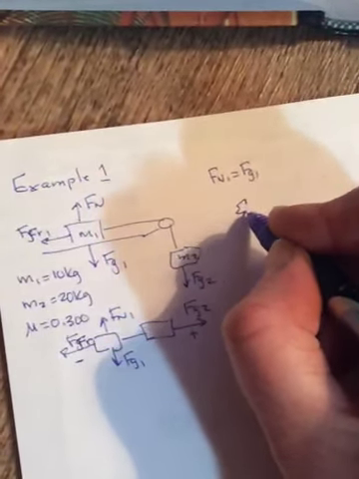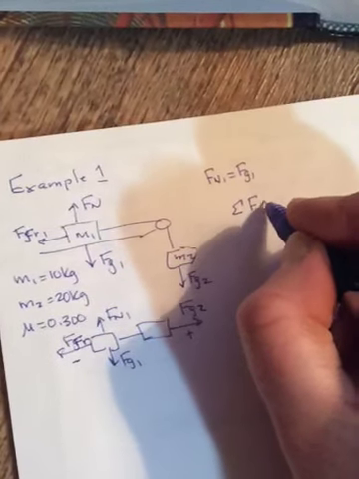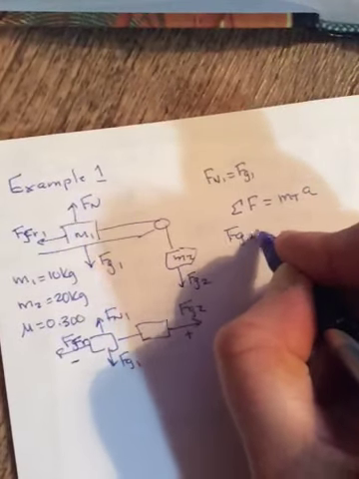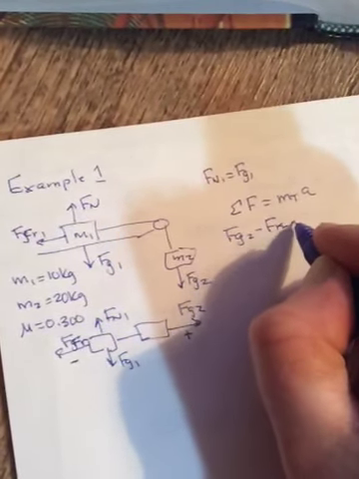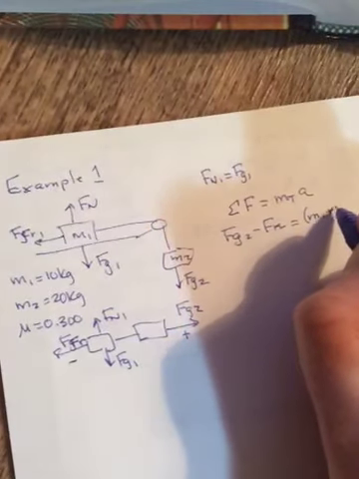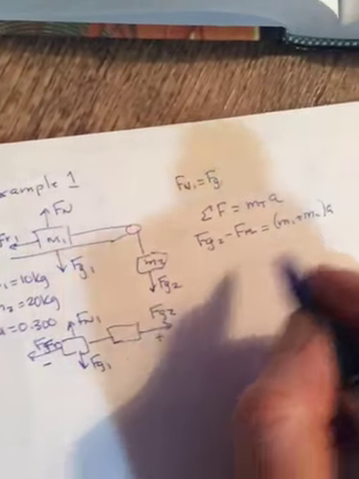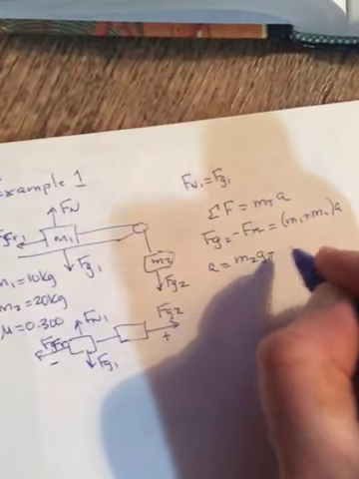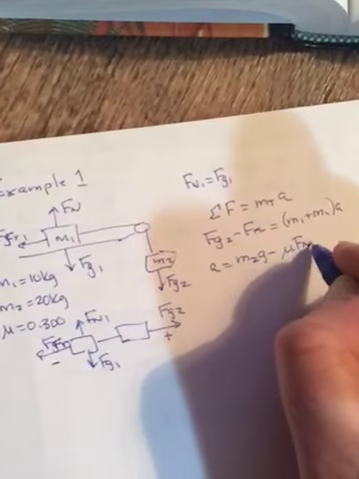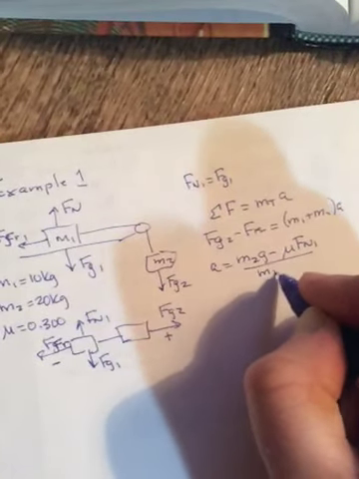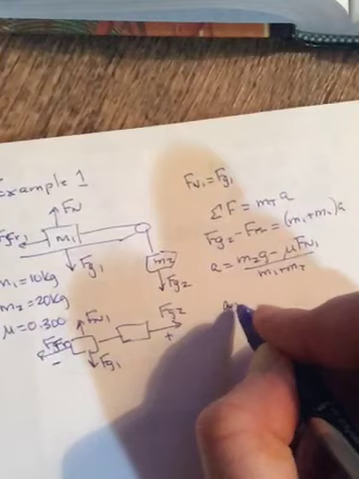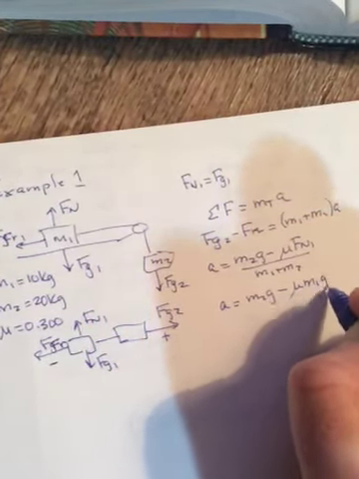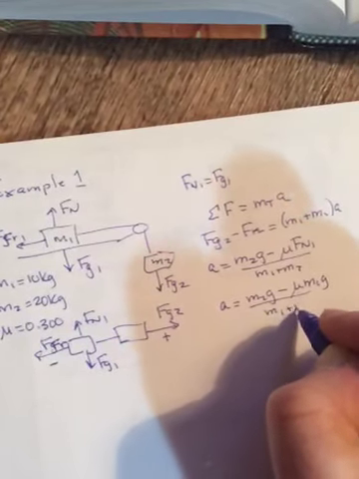And so then we will do, on the whole system, sum of the forces will equal M total A. And so it'll be Fg2 minus friction will equal M1 plus M2 times A. And we're wanting to find A. So A will equal M2G minus mu Fn1 divided by M1 plus M2. So A will equal M2G minus mu M1G over M1 plus M2.